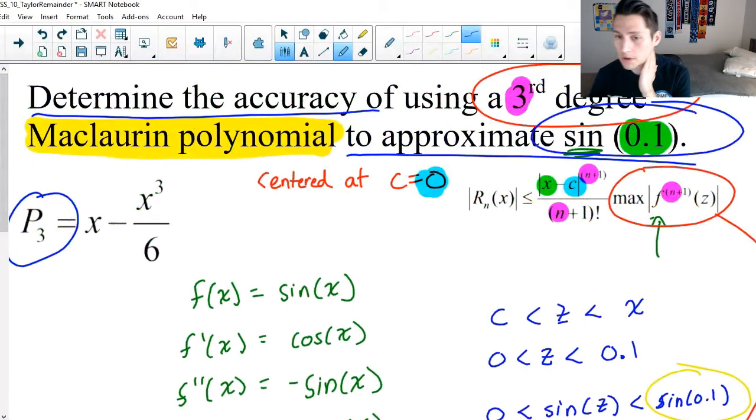So this is all operating under the assumption that we do not know what sine of 0.1 is, and for whatever reason, we can't figure it out. Again, we have a calculator that we could just automatically type 0.1 into, right? The point of this is not that it's impossible to figure out what sine of 0.1 is. The point is how can we use the Taylor polynomials to approximate some values that we couldn't otherwise.